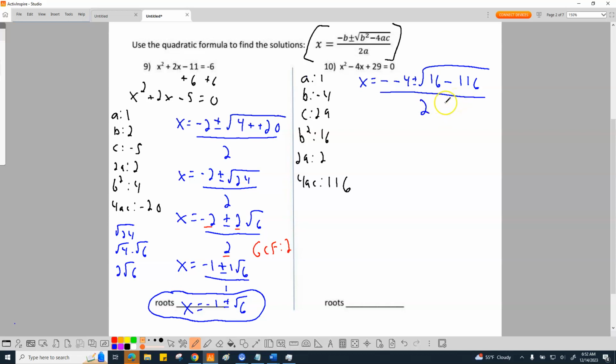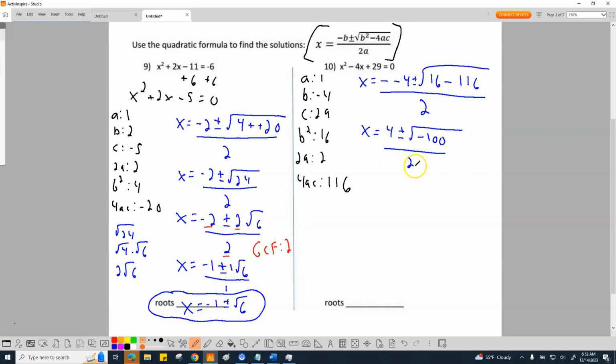And let's look at this. Okay, and that's that. All right, let's clean it up. X equals negative turns into a positive 4, plus minus square root of 16 minus 116, which is negative 100, all over 2.